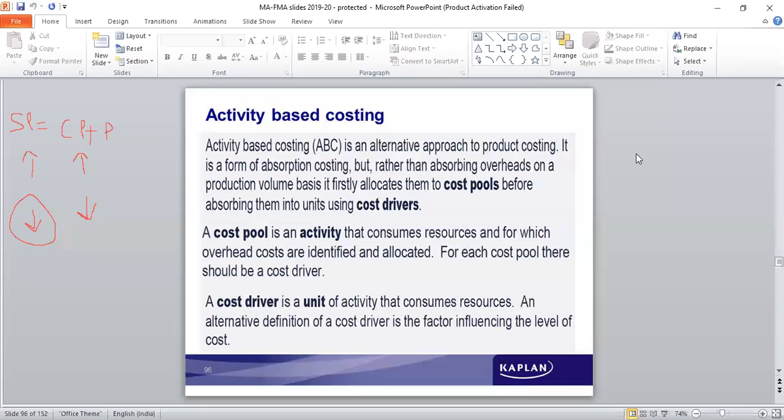So on that note, if time is available, one basic question I will make you do about what is ABC, because ABC is studied as a full length chapter, a topic under PM as well as under APM. So the numerical questions are also tested under PM and APM. So here, if time permits, we will work out one question.